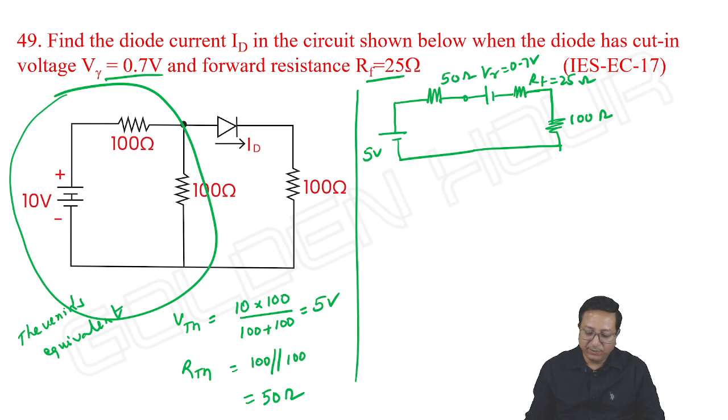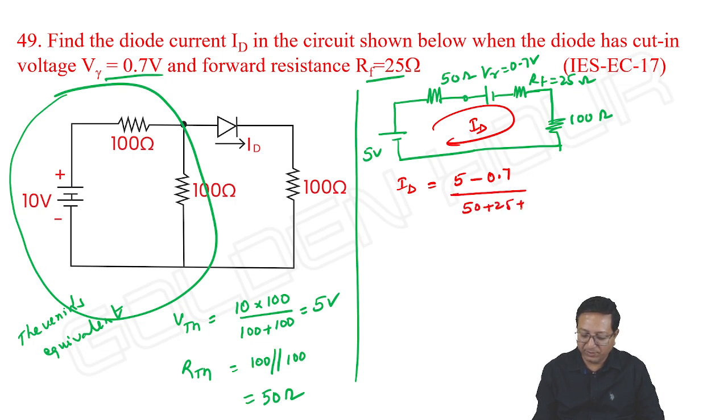Then what about the current in the circuit? ID. Some network is given like this, and how do you find its current? ID is equal to 5 minus 0.7 by 50 plus 25 plus 100, that is 175. 4.3 by 175 gives us 24.5 milliampere.